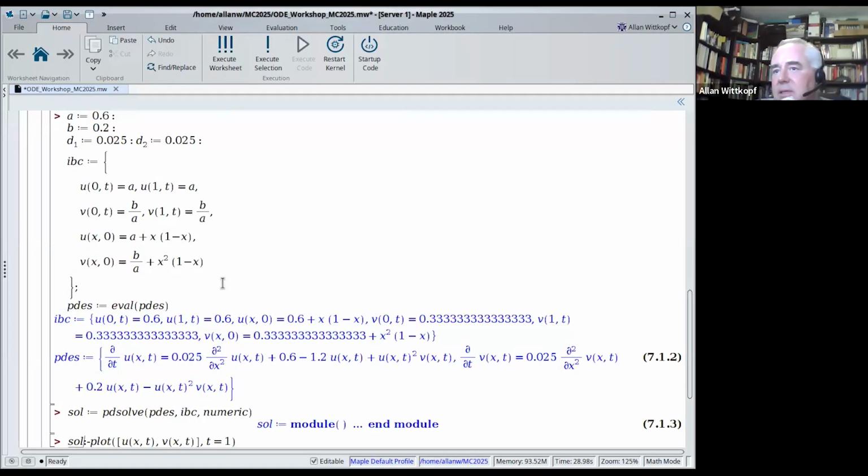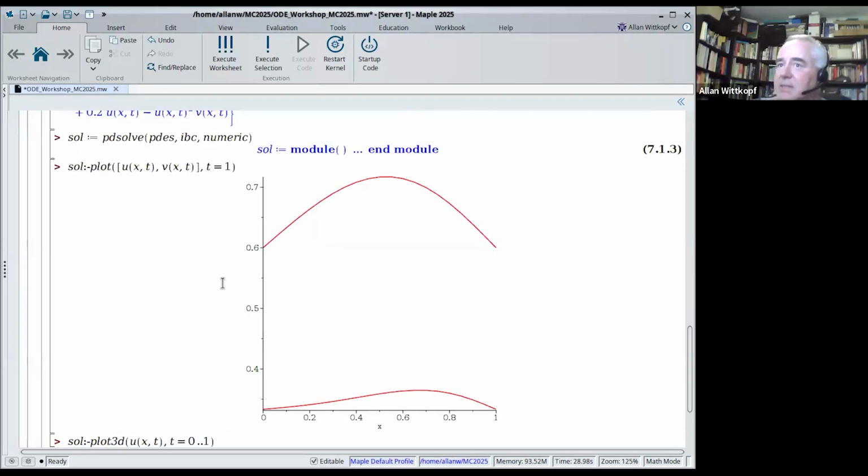We can obtain the solution numerically, again with pdsolve numeric in this case instead of dsolve numeric, because these are PDEs. And we can plot the concentrations U of X,T and V of X,T at a specific time value as a function of X. And we can see that the U at T equals 1 is a nice, almost symmetric thing, and V, not so much.